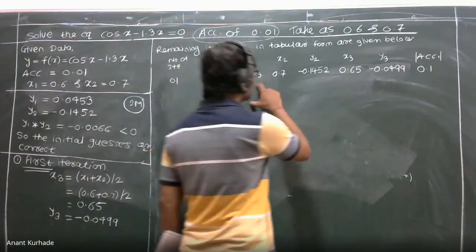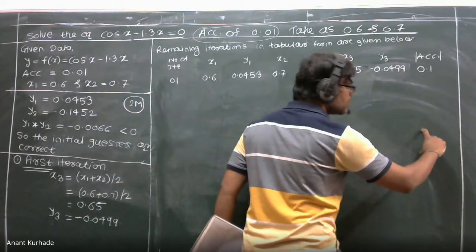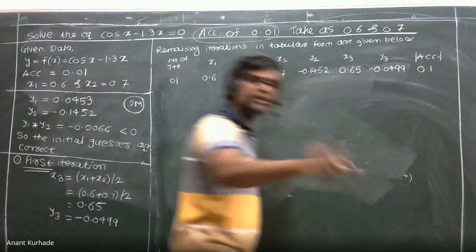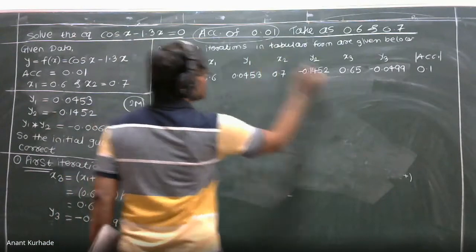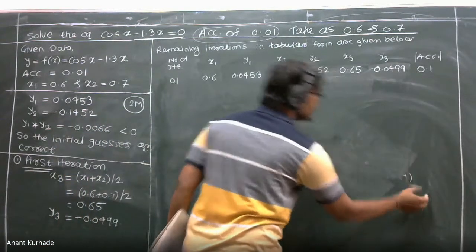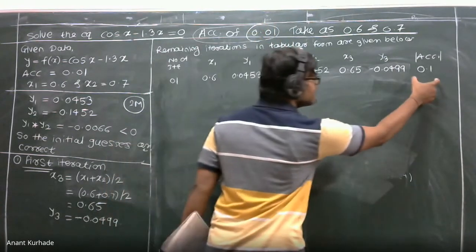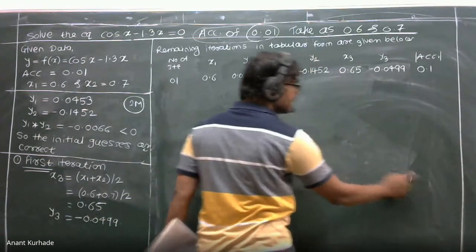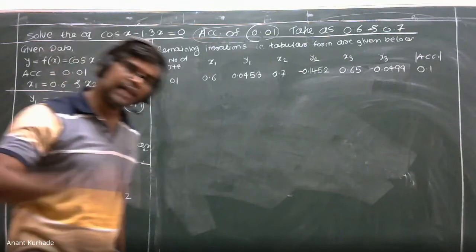Now for the second iteration you can have this accuracy value, and the same for the third, fourth, fifth, sixth iteration and so on. But where to stop? You have to check this value against the given value. When the accuracy is equal to the given value or less than it, at that time you can stop.